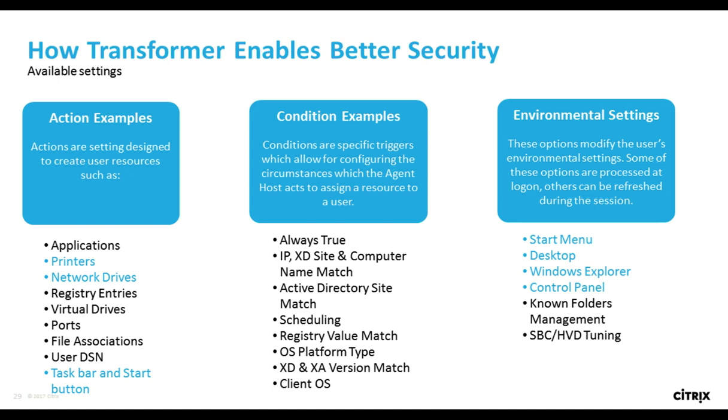So from a transformer perspective, one of the things that we were controlling was the ability to control printers, what drives the user was able to connect to, things like taskbar and start button access.